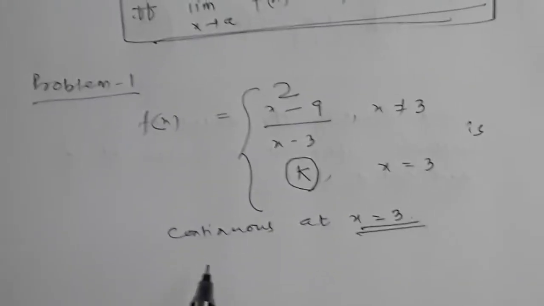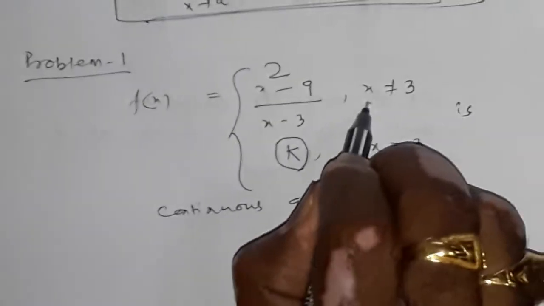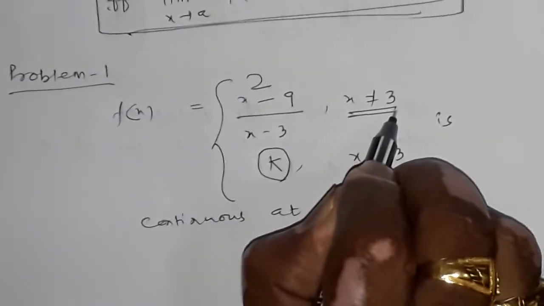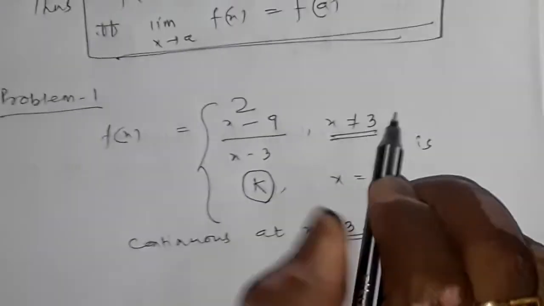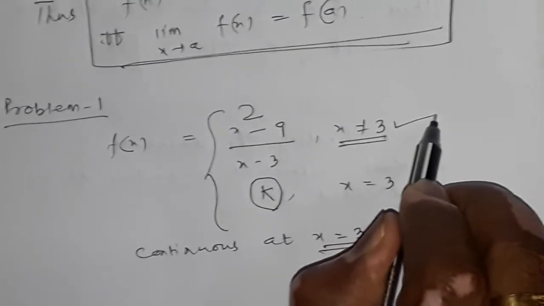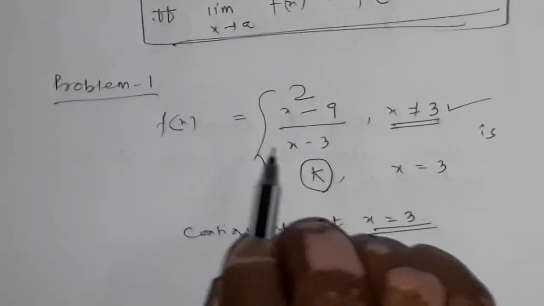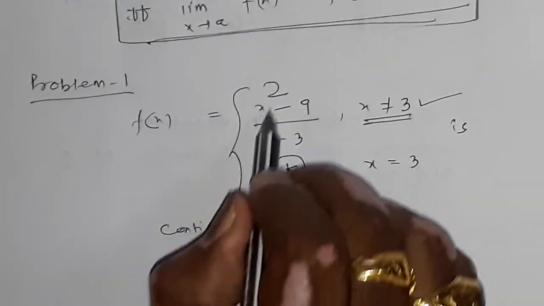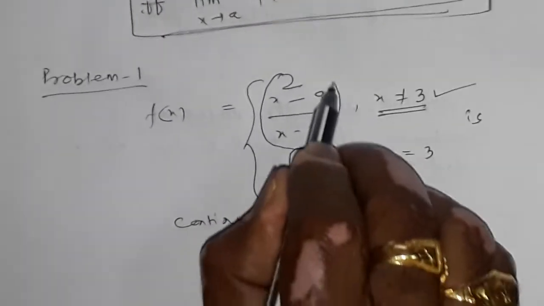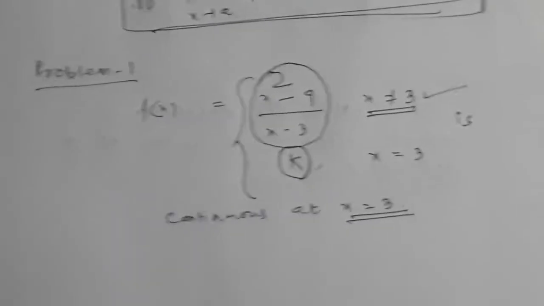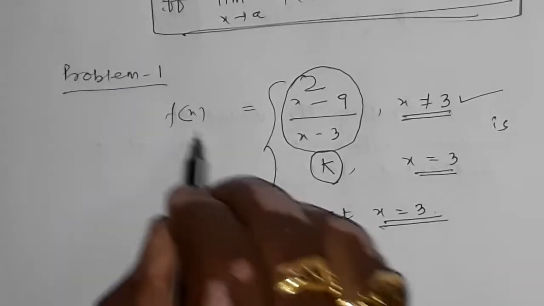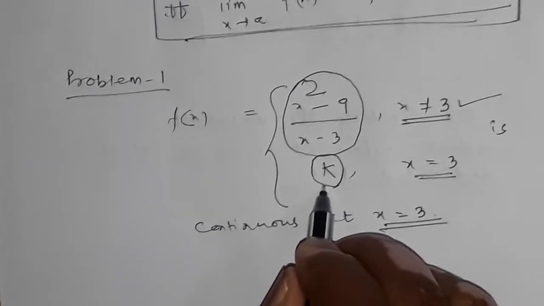Here, when x not equal to 3, that is x tends to 3 minus and x tends to 3 plus, the function is (x square minus 9) by (x minus 3). When x equals 3, f(x) is k.